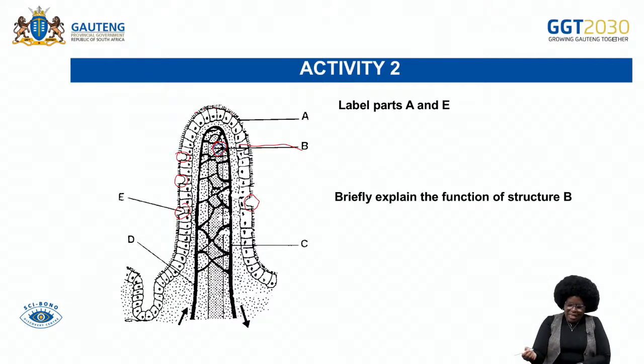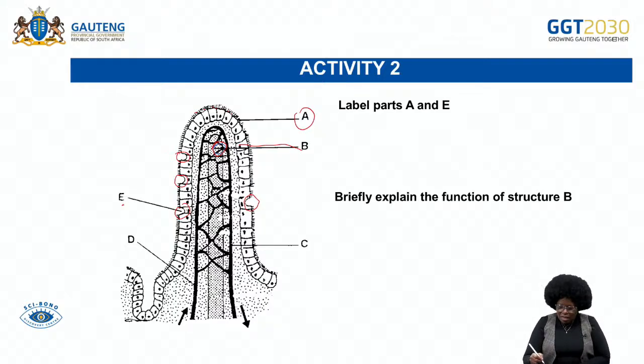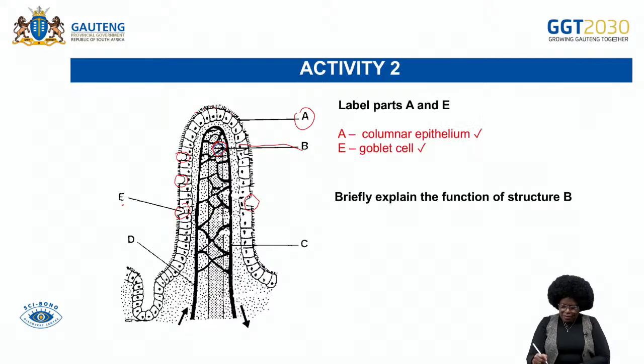The first question says, label part A and E. So we are going to label part A and also label part E. But whenever in the examination, you need to quickly label your diagrams so that you know what you are supposed to label, right? And you can answer the questions that are asked later. So can you tell me the labels? Okay, fine. Let's see if you got this right. Oh, brilliant.